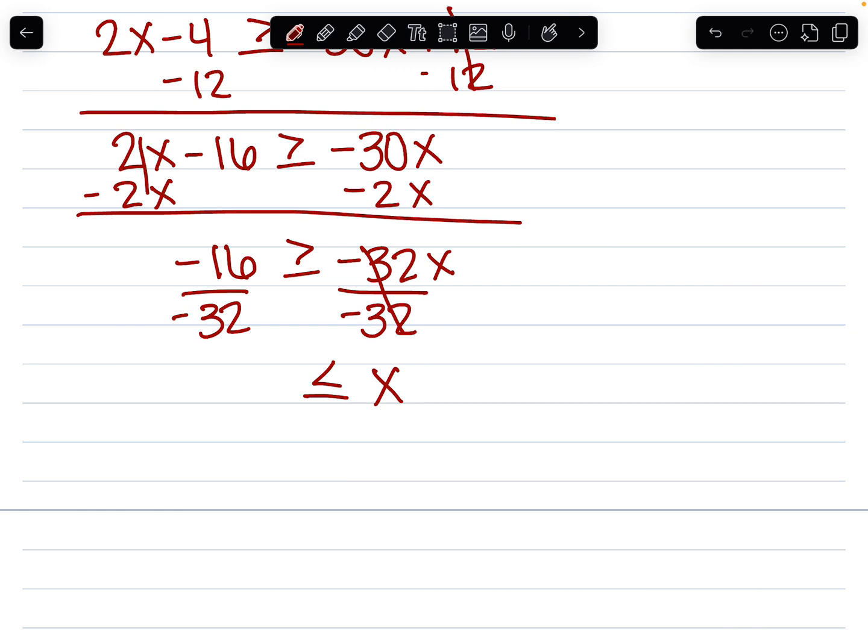Over here I have two negatives, which make a positive. What would 16 over 32 simplify to? 1/2. Again, we can flip that around, so really x should be greater than or equal to 1/2.